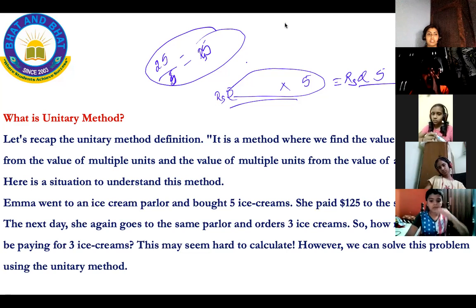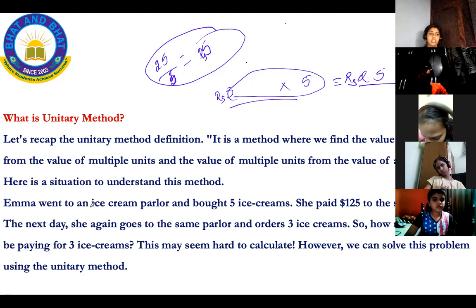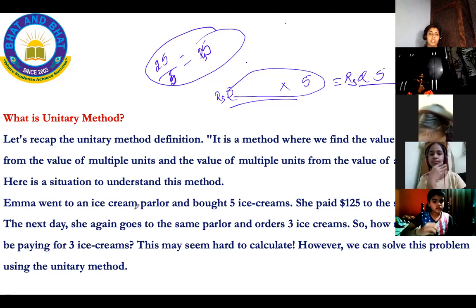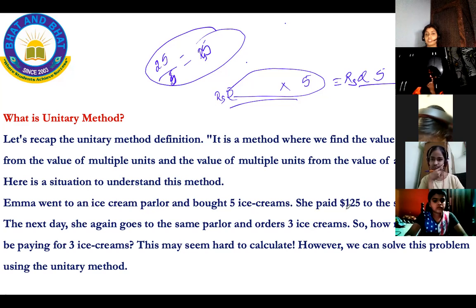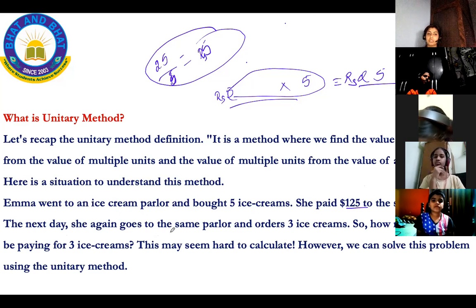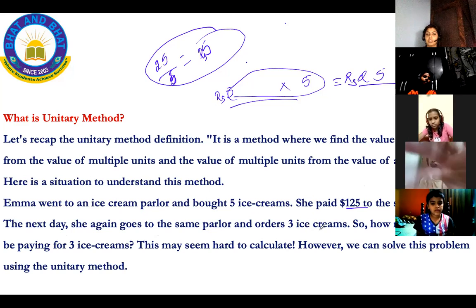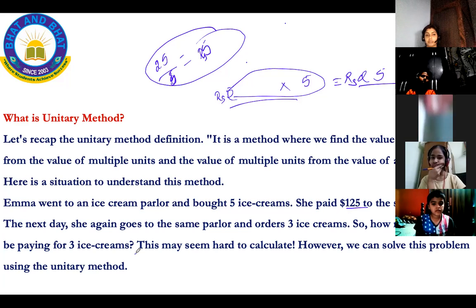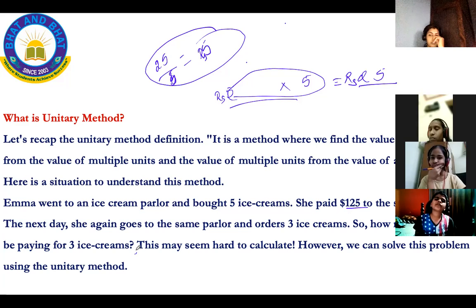Next, see, there's one more example. Emma went to an ice cream parlor and bought 5 ice creams. She paid 125 to the shopkeeper. The next day, she again goes to the same parlor and orders 3 ice creams. So, how much will she pay for 3 ice creams now?